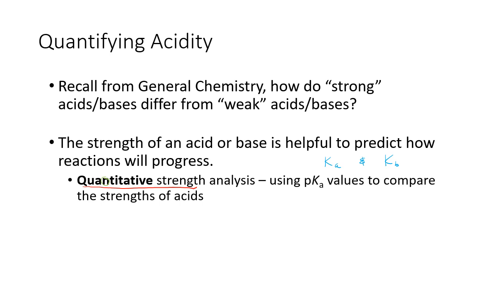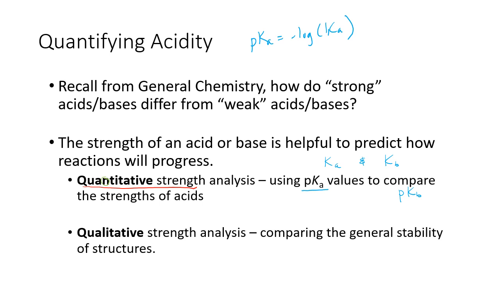Ka was the acid dissociation constant and Kb is the base dissociation constant. Usually in organic chemistry, we use pKa values or sometimes pKb values to actually talk about the strength of an acid or base, where you can calculate the pKa by taking the negative log of the Ka, just like you would calculate the pH of something.